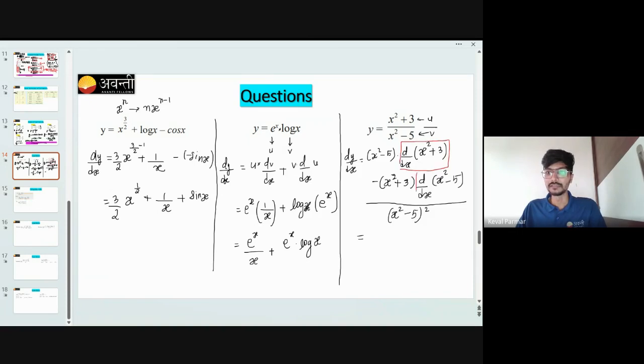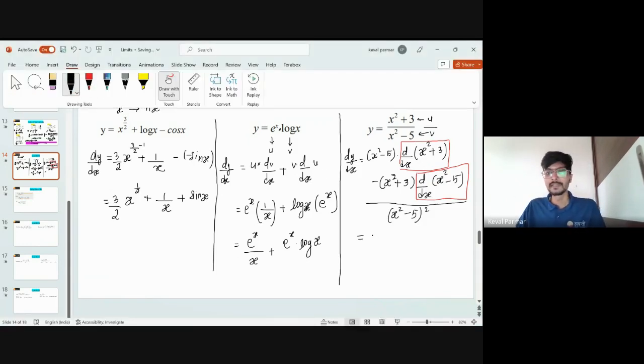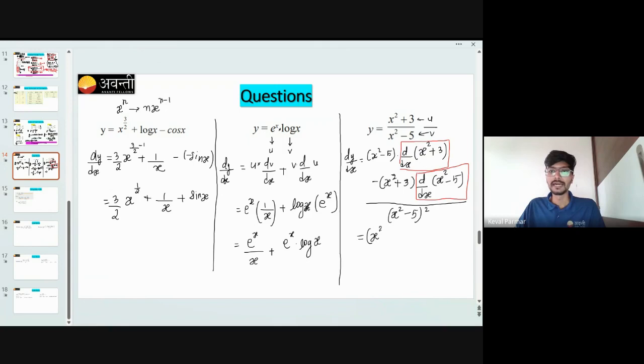and here. Which rule will we use? Here there is addition, meaning we'll use the addition rule. Simply, the derivative will get split. And here there is the subtraction rule. So we can write it as x square minus 5 into derivative of x square.